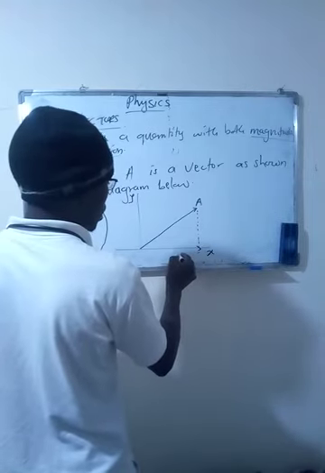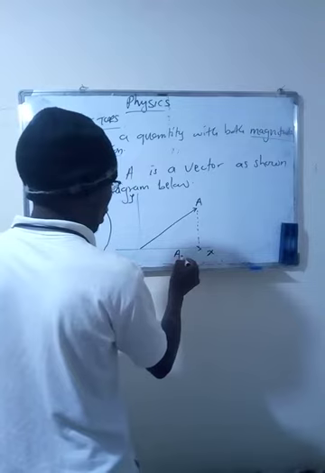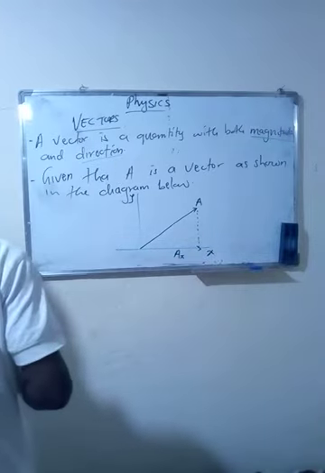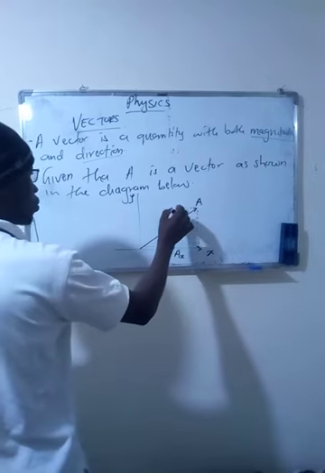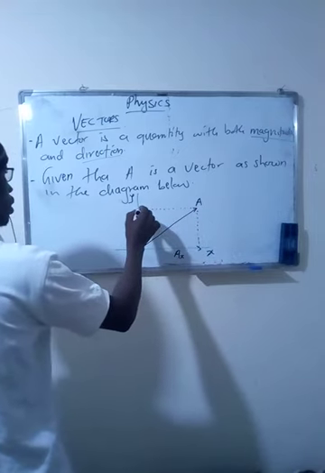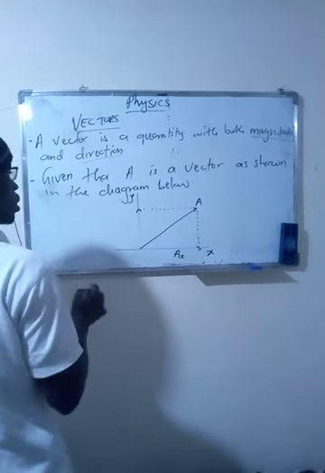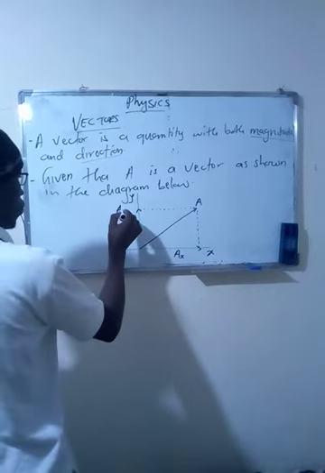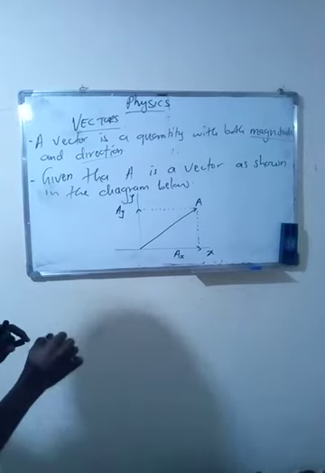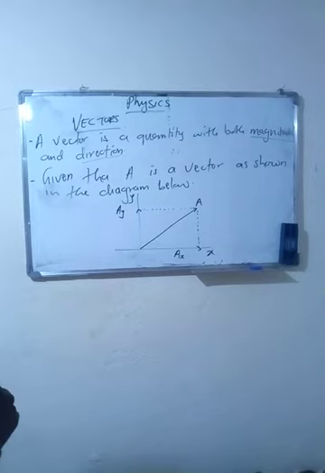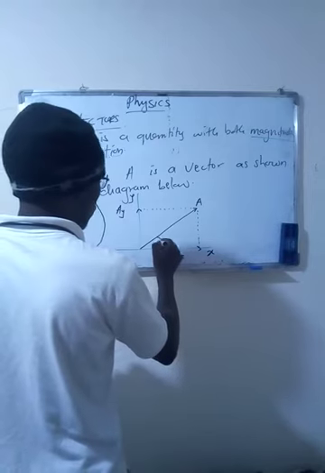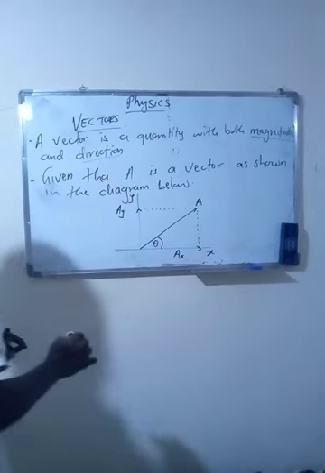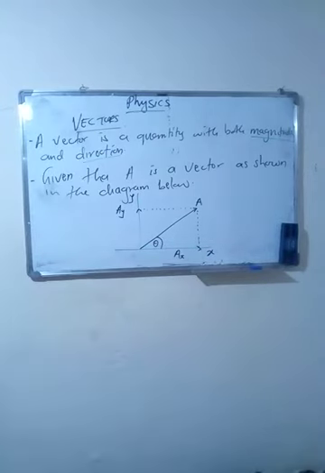This is the x component, which is ax. Then if we draw a horizontal dotted line like that, this is the y component, which is ay. So the x component is called ax and the y component is called ay. Now this vector is at an angle theta to the horizontal.